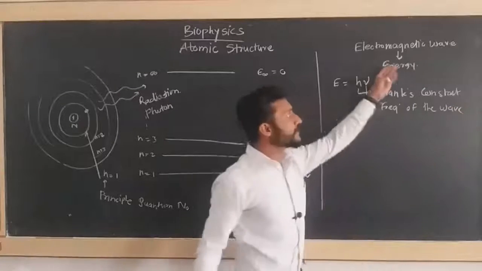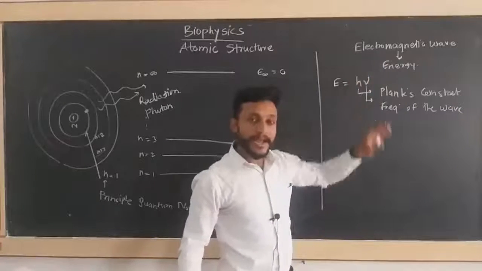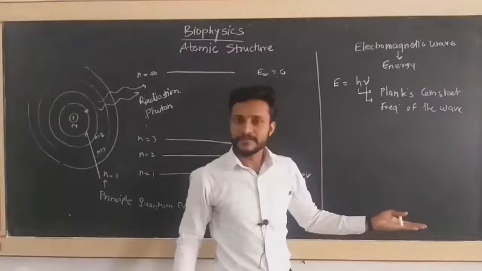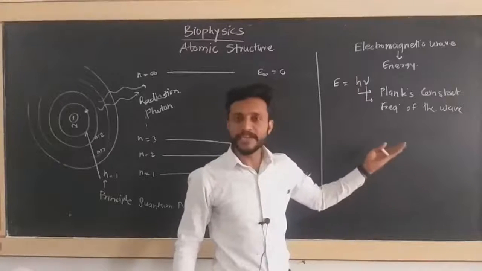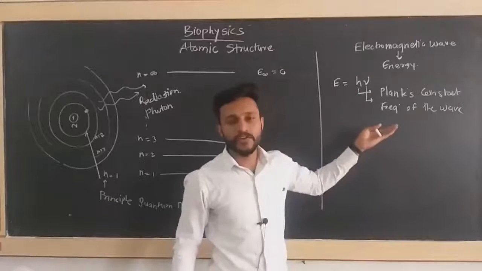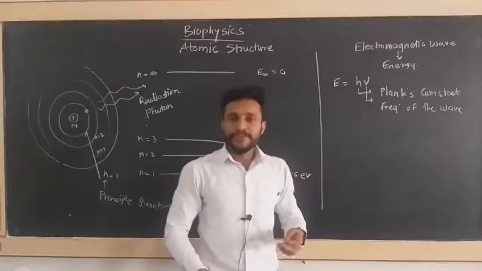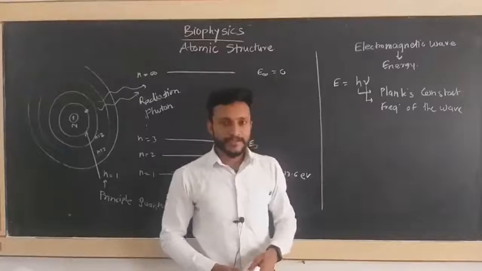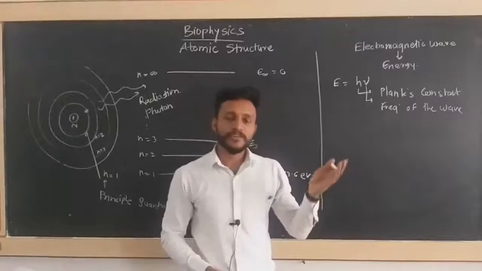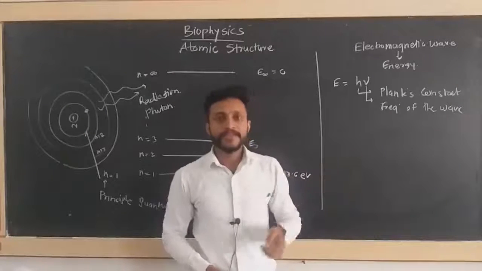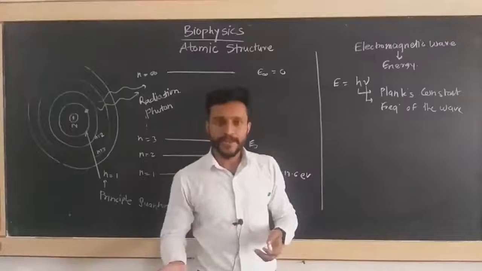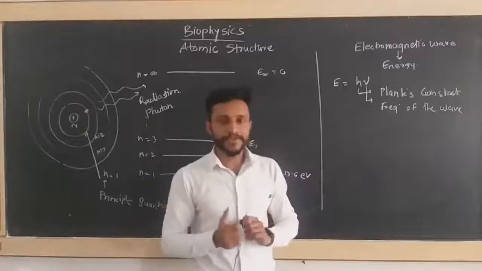Light is an electromagnetic wave, but its behavior is also like a particle, or photon, because of the wave-particle dual nature. Light, radiation or waves have particle nature also, and particles also have wave nature.